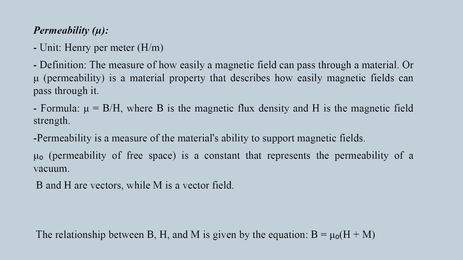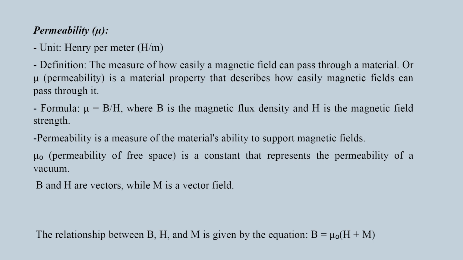Permeability, unit Henry per meter, H upon m. Definition: the measure of how easily a magnetic field can pass through a material. Mu is a material property that describes how easily a magnetic field can pass through it.